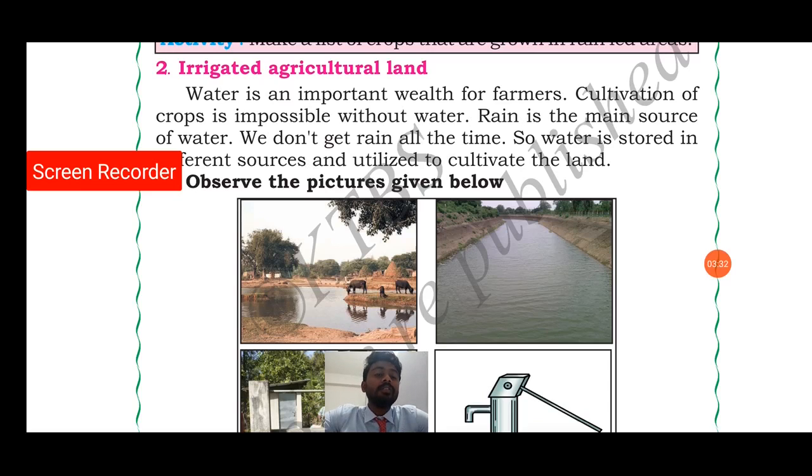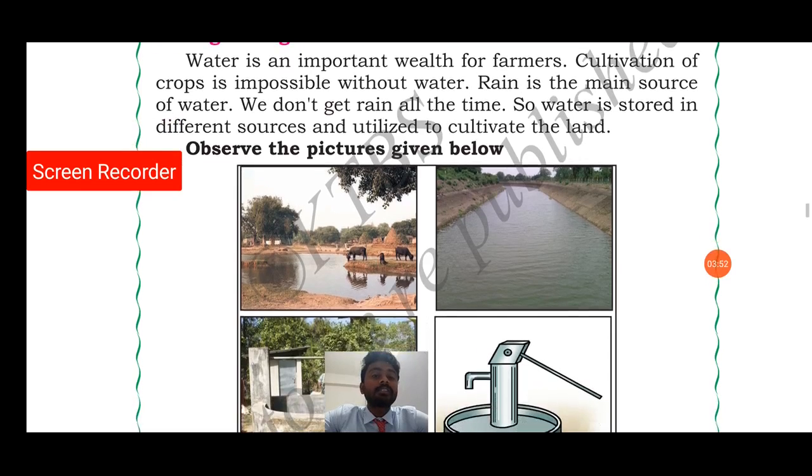But we don't get rain all the time. There is a specific season, and only in that season will rain fall. That's why we don't get rain all the time.